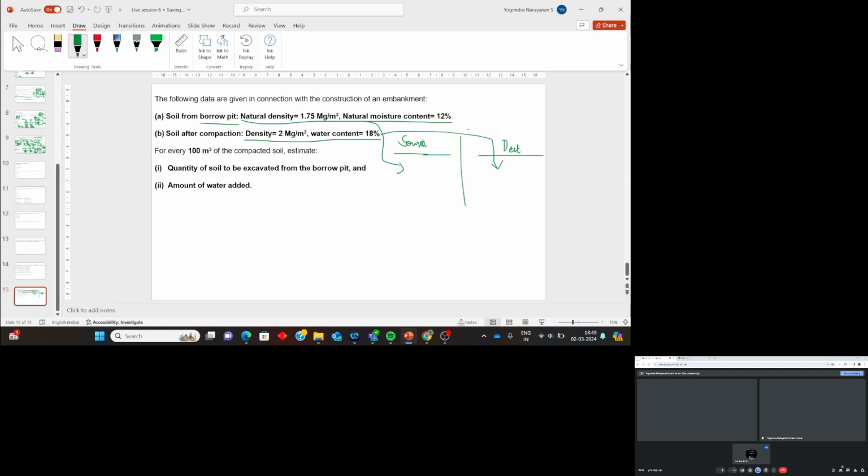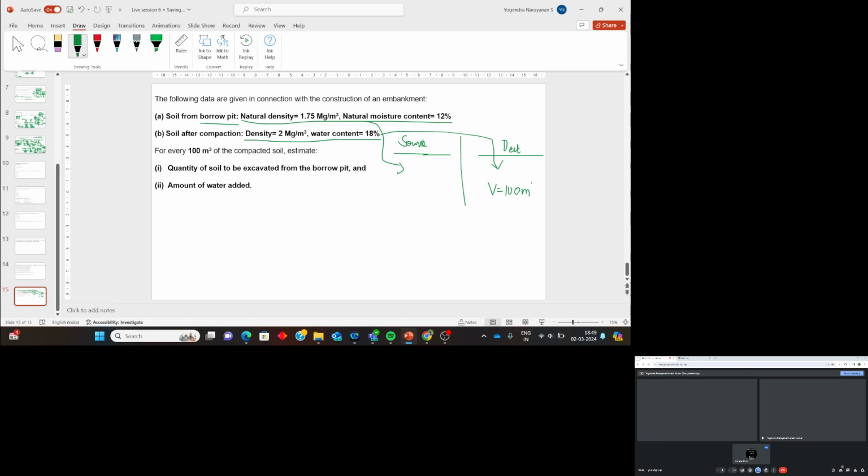Now for every 100-meter cube of compacted soil, that is at the destination, here volume is 100 meter cube.